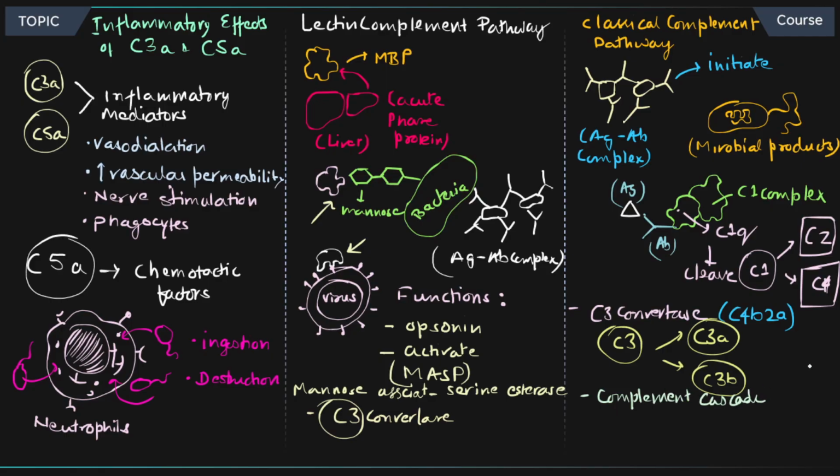You are going to have opsonization, so opsonins are going to again get activated. You will have inflammatory mediators that we have already talked about, right? C3a, C5a, and then you have membrane attack complex formation, and that is going to kill the microbes in a very, very quick way.